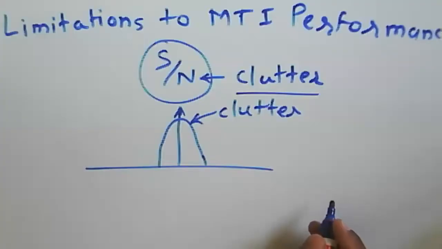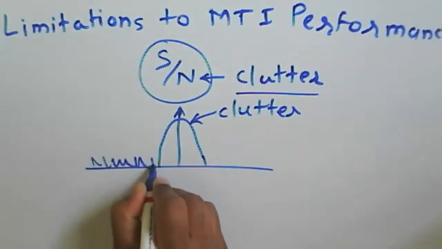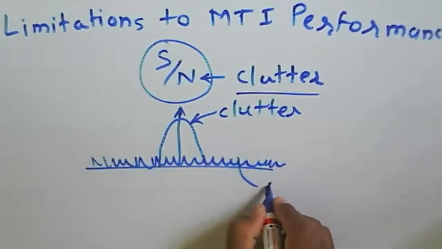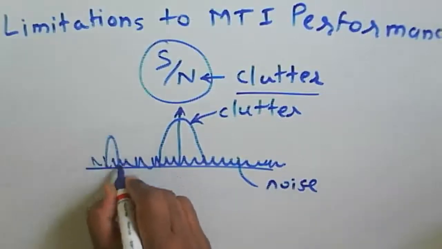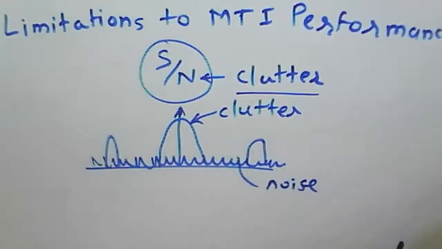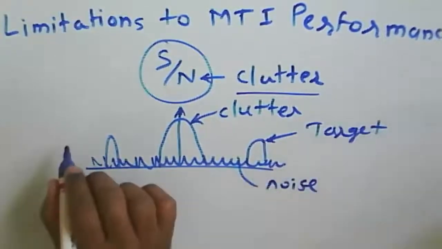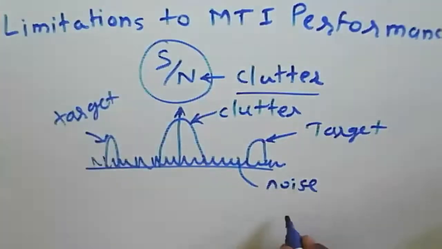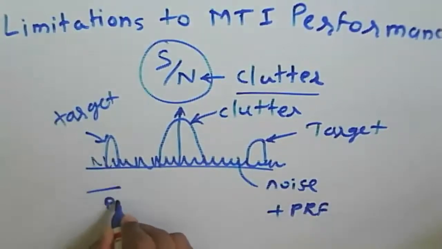If you see the frequency response of a received signal, it has clutter, and then some noise is present here. This factor is called noise. Then we consider that there will be a small target, so this factor will be considered as the target. We'll consider that this will be the positive PRF and this will be the negative PRF.